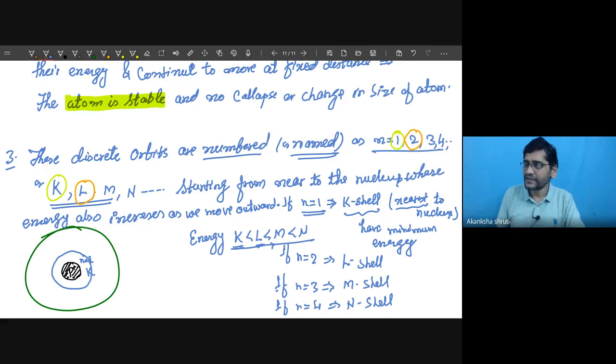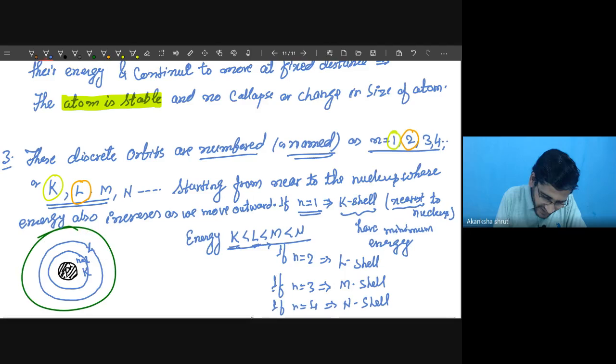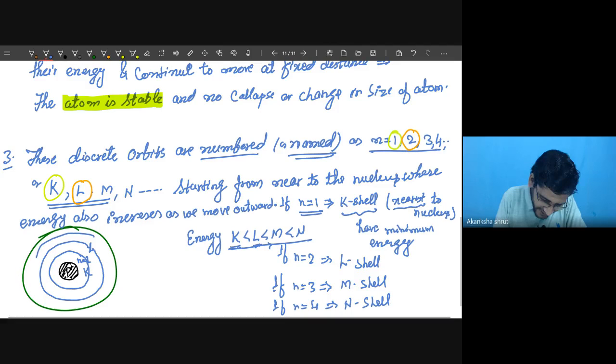So in an atom, how can the different shells be drawn? From the nucleus, the nearest one is numbered as 1. The next one, what will be the name of this? It will be our L shell. Okay, student? The next one will be inside this.